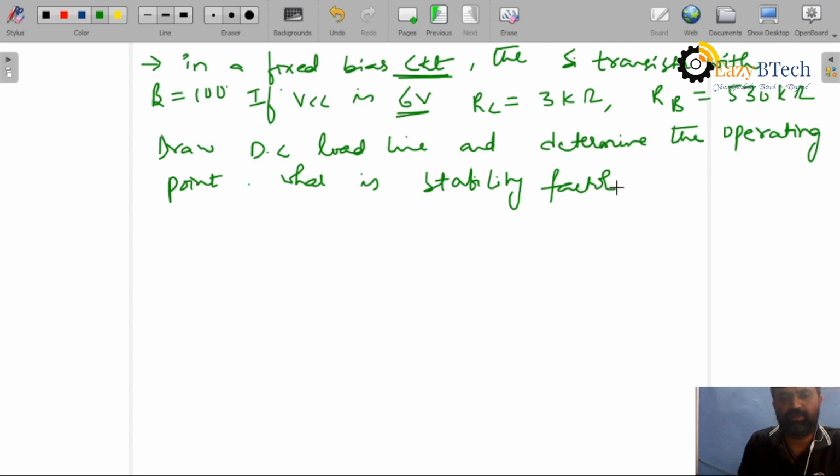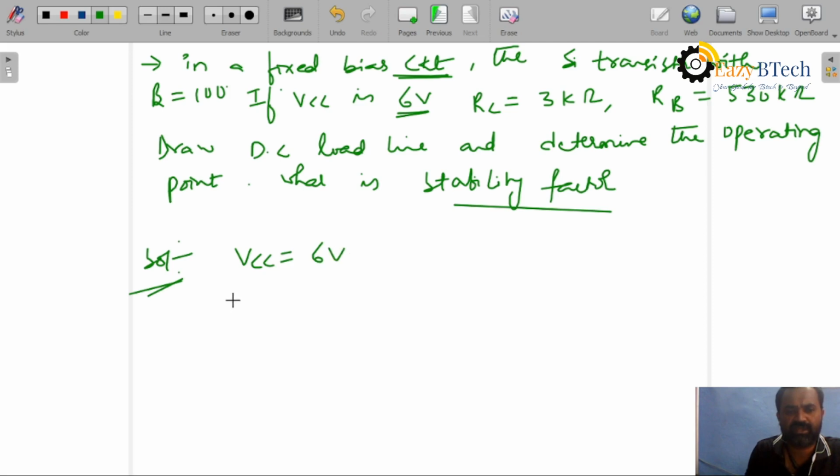This is the problem. Now students, you can clearly understand, for a fixed bias circuit, the silicon transistor with beta is 100. Now the given values: VCC is 6 volts, RC is 3 kilo ohm, and RB is 530 kilo ohm.